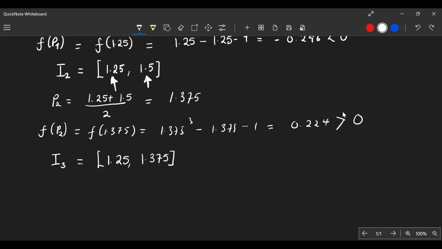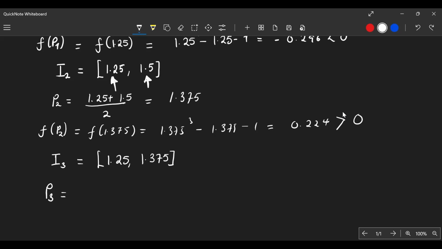So since here we're not told about the stopping criteria, when are we supposed to stop? You can continue, so on and so forth. You can do as many iterations as you want. Let me do two more iterations. So I'm going to find now the new value of P. I'll call this P3.